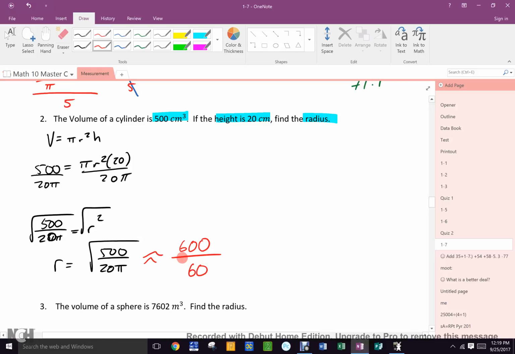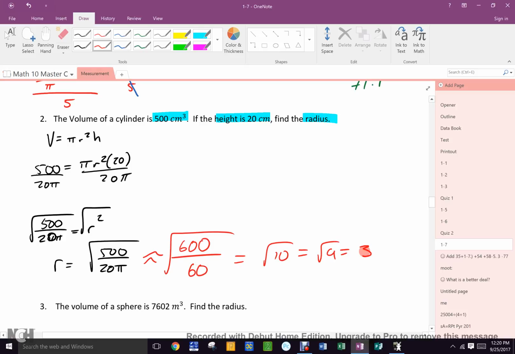Wow. And I want the square root, yes? What is 600 divided by 60? 10. Square root of 10. What perfect square is close to 10? 9. So this is close to the square root of 9. So our answer must be close to 3, yes?